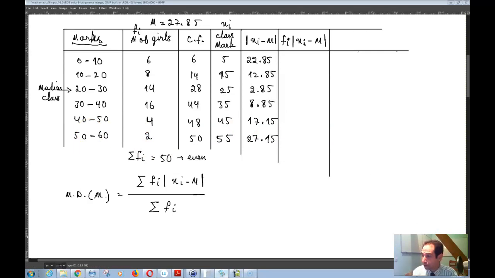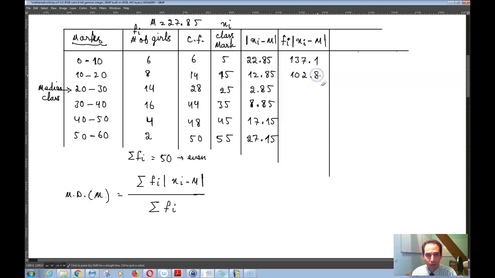So 6 times 22.85 is equal to 137.1. Then 8 times 12.85 is equal to 102.8.